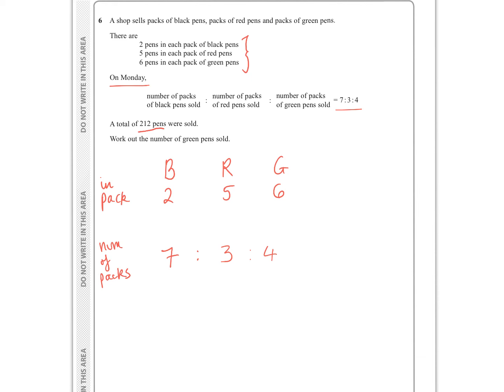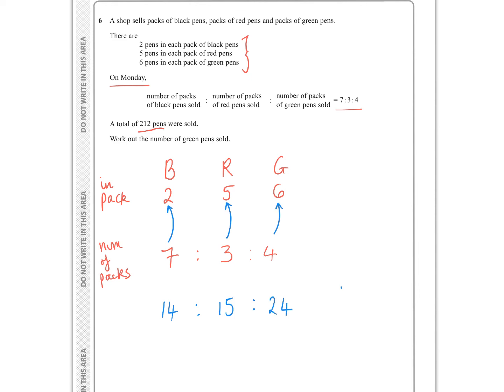Well, if we look carefully, we can see that there'd be 14 black pens, because there's 7 packs and then 2 in each pack. 3 times 5, that'll be 15 red pens, and 4 times 6 is 24 green.